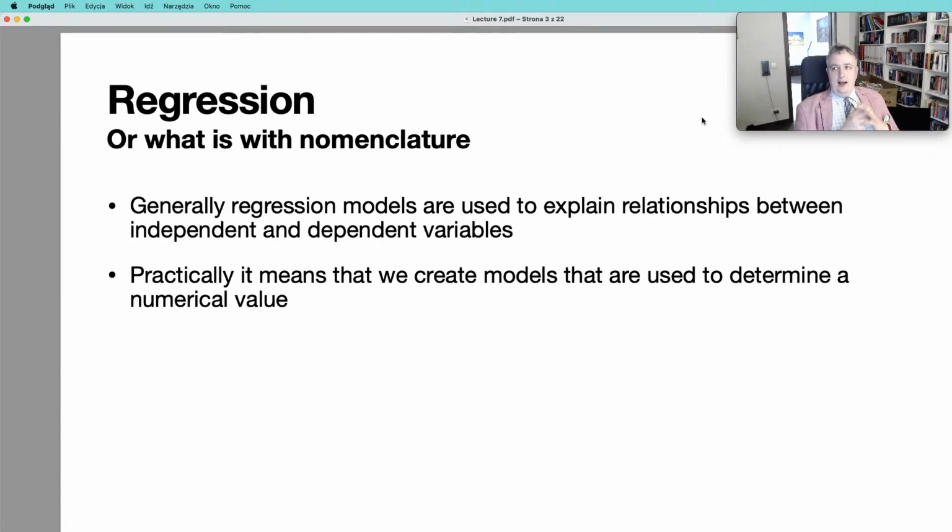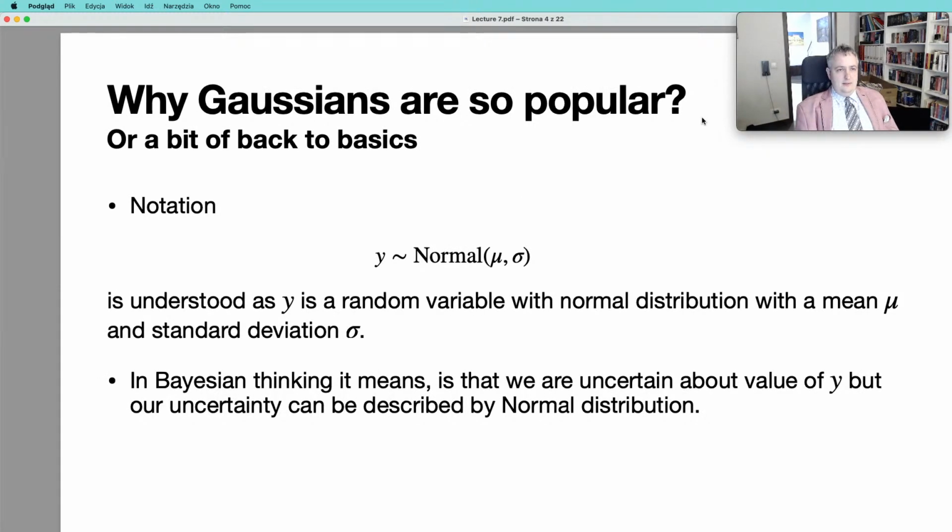Okay, and what we are really doing here will be general linear regression, which is based on the Gaussian distribution. Generally we will be interested in models that behave in accordance with the normal distribution. This is not the only case.